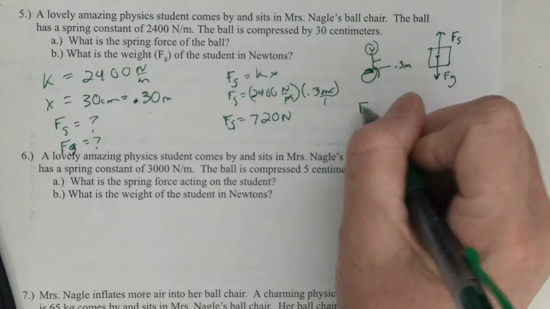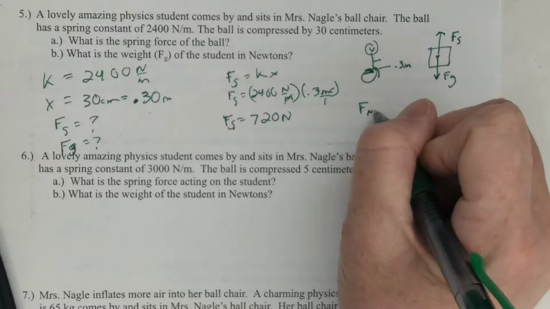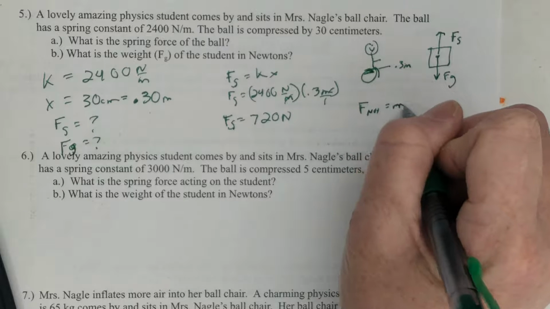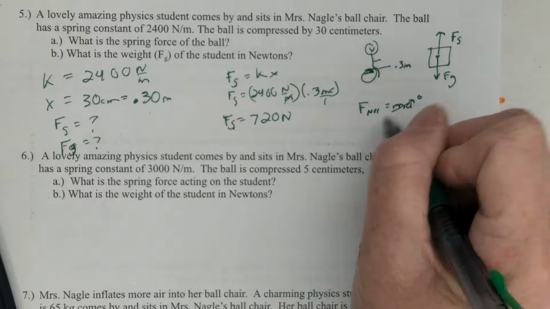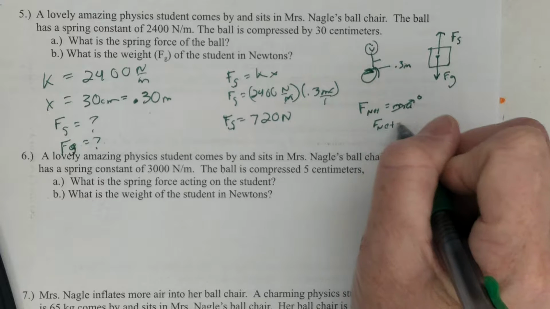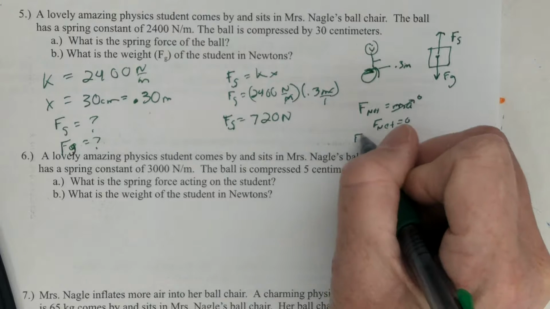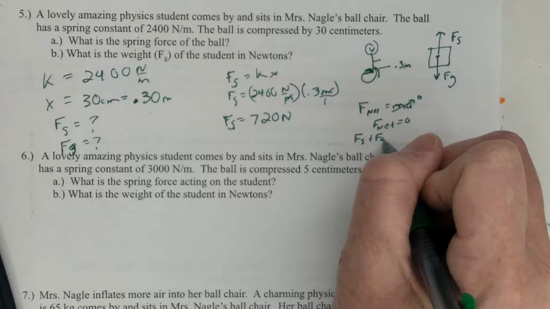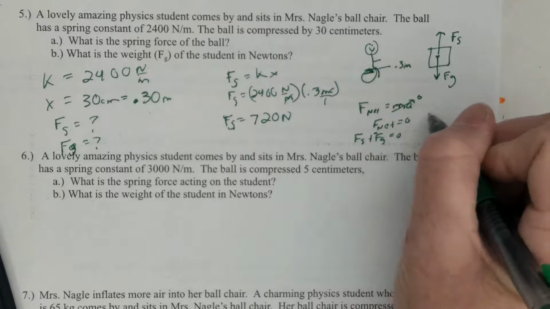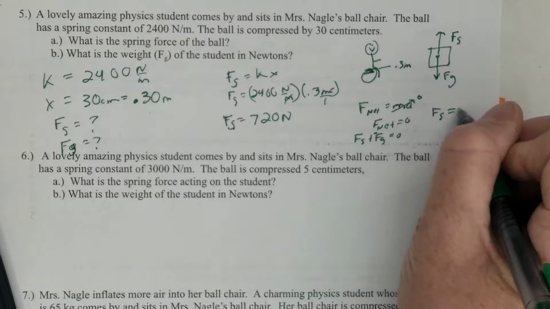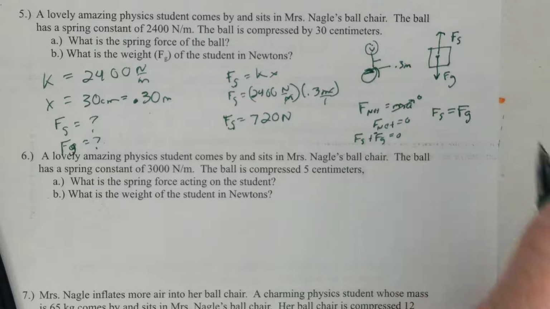So I can write force net equals ma. They're balanced, so there's no acceleration. So force net equals 0. The force of the spring plus the force of gravity in the opposite direction will equal 0. So that makes these equal and opposite forces.